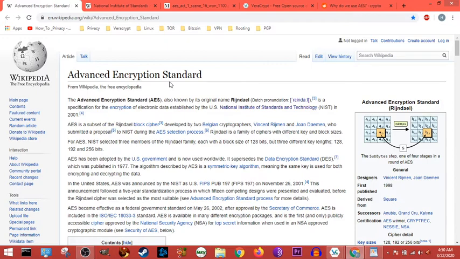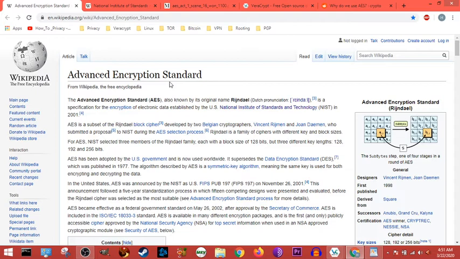The cryptography community uses this until somebody breaks it, at which point they're going to move on to something else. So it's sort of like a snake eating its own tail. AES is the most widely used encryption algorithm in the world.